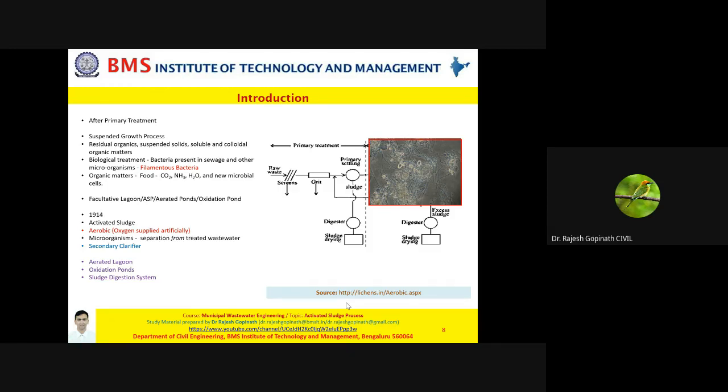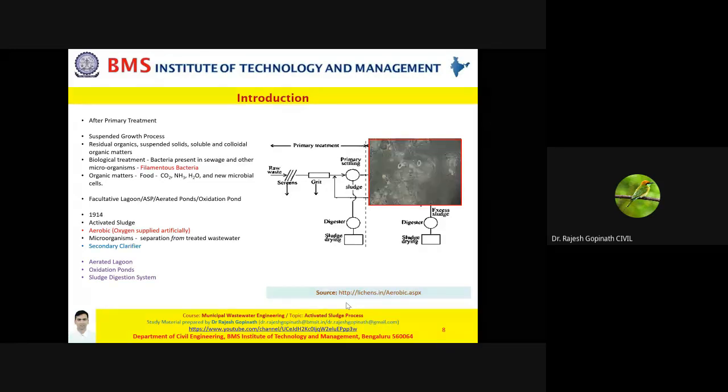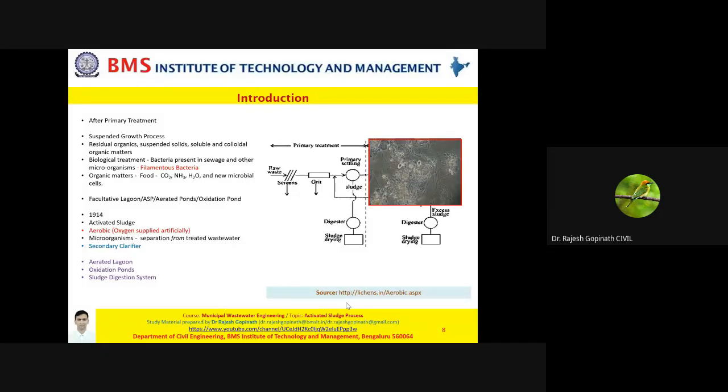But apart from the bacteria responsible for breaking down your organic matter into carbon dioxide, ammonia, water, there is also the presence of other biological forms, such as protozoans and rotifers. What is their role? Their job is to remove the bacteria from the system. If they do not do that, an imbalance is created in this process.